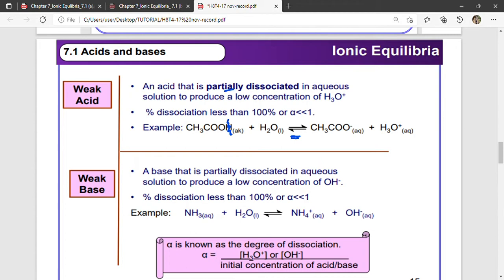For a partially dissociated acid, we have the value of Ka.